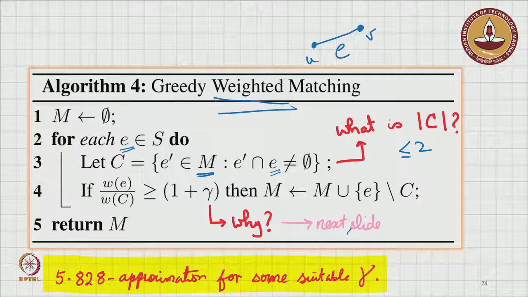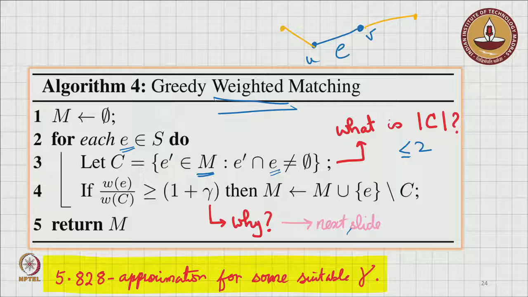M is going to be a matching. It's the invariant that this algorithm is going to maintain, and so at best the set C could have one edge incident at U and another edge incident at V. So the set C could have a cardinality of at most 2.